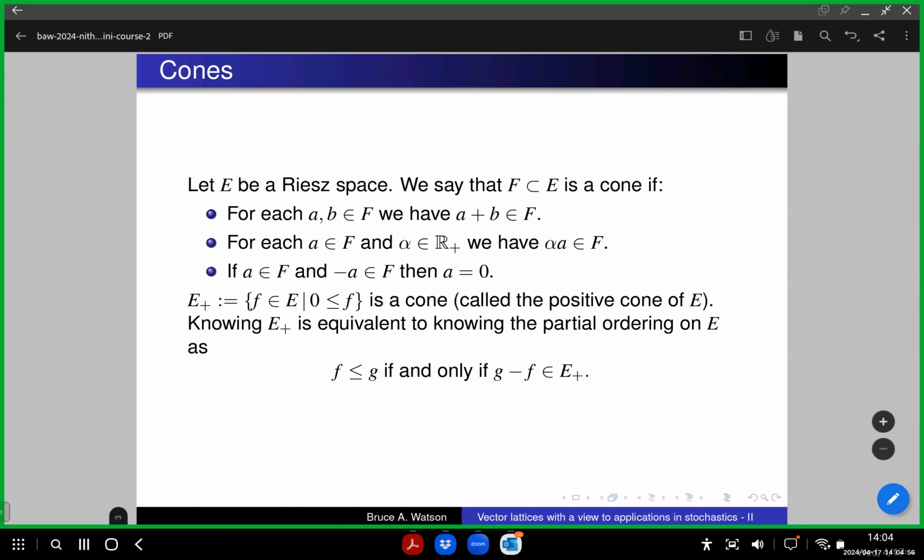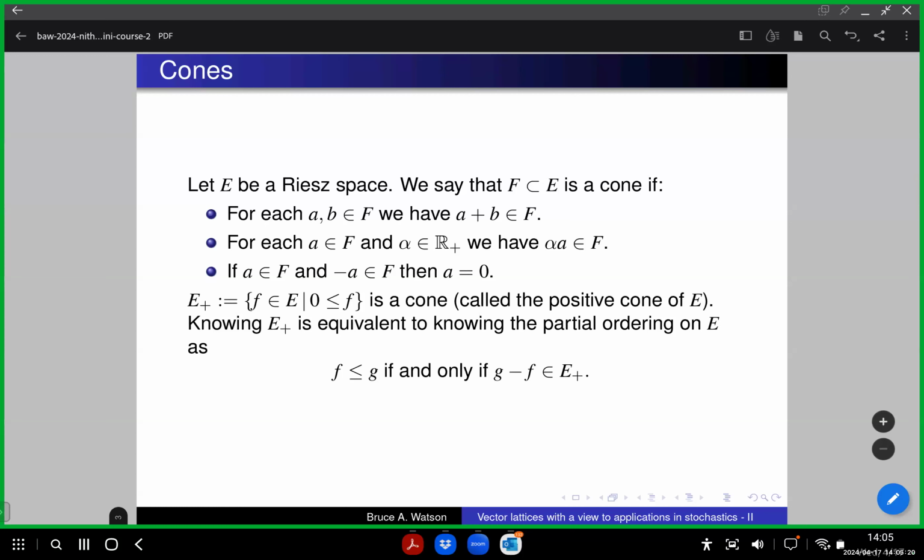So the first of the geometric objects we're going to look at are cones. We say that a subset of our Riesz space, let's call the subset F of our Riesz space E, is a cone if you can add any two objects from F and arrive back in F, so it's closed under addition.